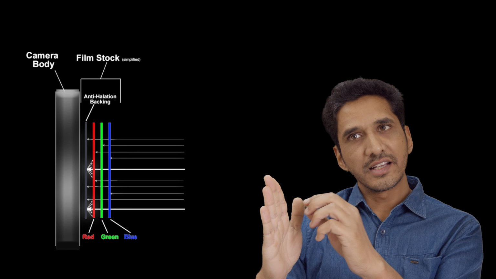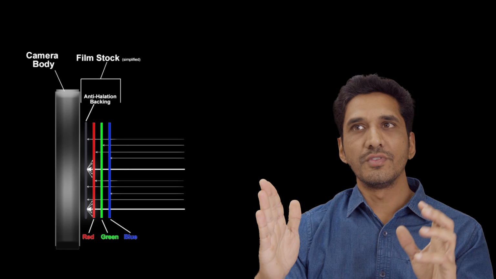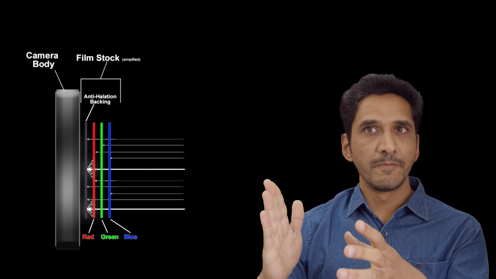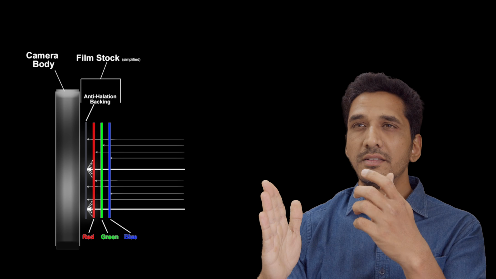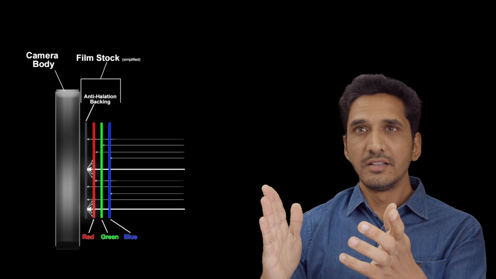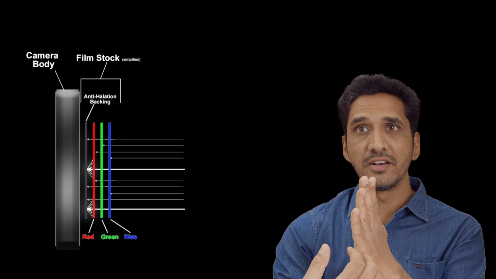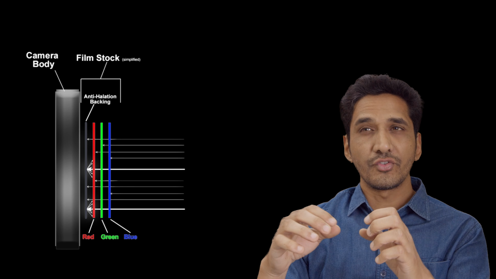When light is reflected from the inner surfaces of the camera, it is mostly filtered out from the high frequency components of the blue and green spectrum. This causes the red emulsion layer, which is closest to the inner surface of the camera, to be backlit by the reflection. As a result, red halos appear around strong light sources.